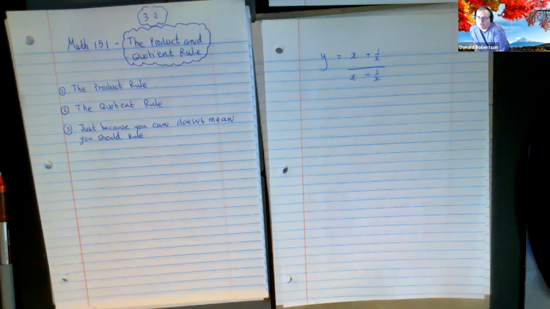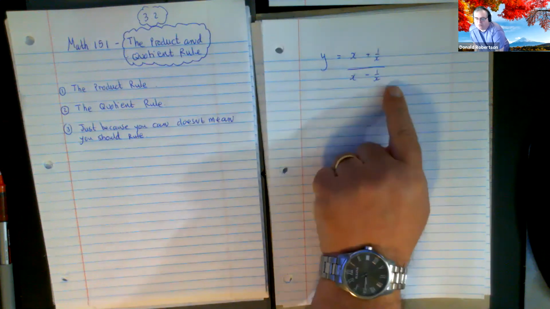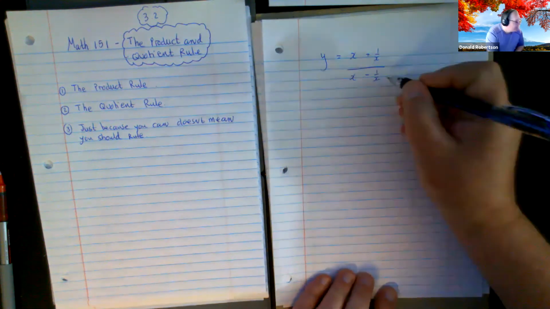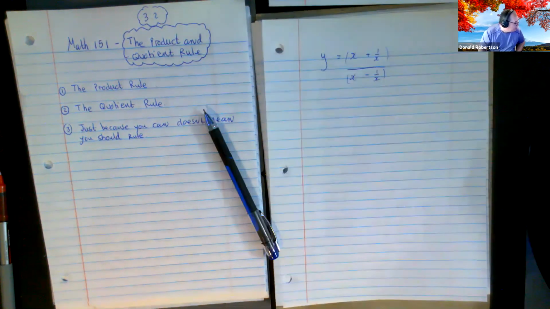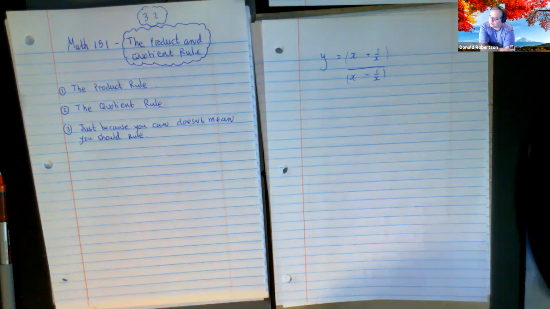I don't really want to do the top the way it is and the bottom the way it is. I could, and it would work, but there are other alternatives. Could I make this fraction look prettier and then do a quotient rule on the pretty version?